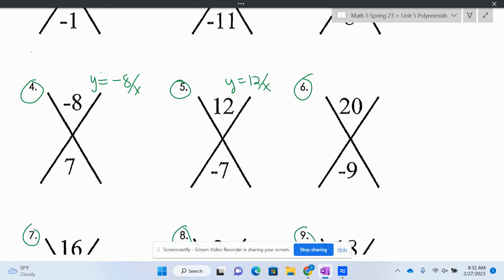You already finished yours. Can I check them really fast for you? Okay. Perfect. What does -1 times -7 equal? There you go. You want it to multiply to a +8, right? Okay, so -8.